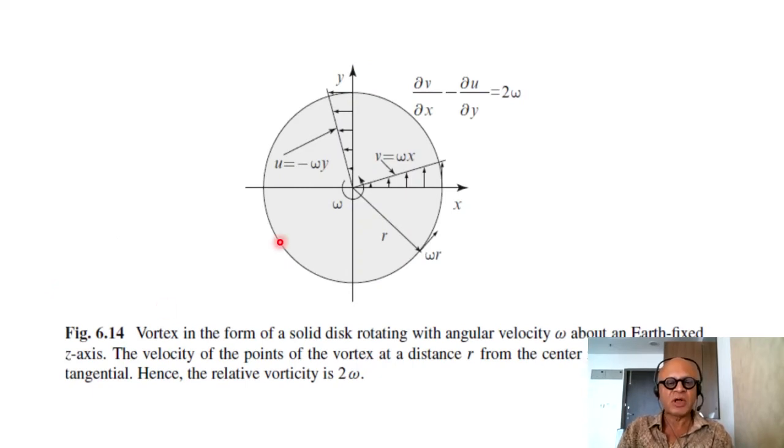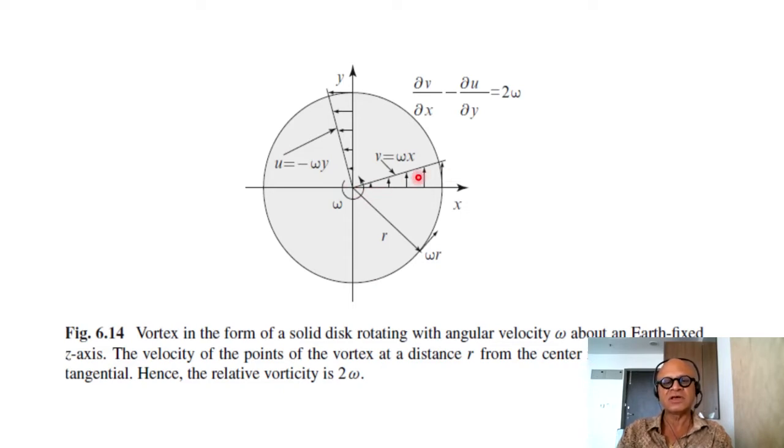Here is a way to think about it. A vortex in the form of a solid disk rotating with angular velocity omega about an earth-fixed z axis. So z is coming out of here. You can think of this as longitude and latitude. The velocity of the points of the vortex at a distance r from the center is omega times r.